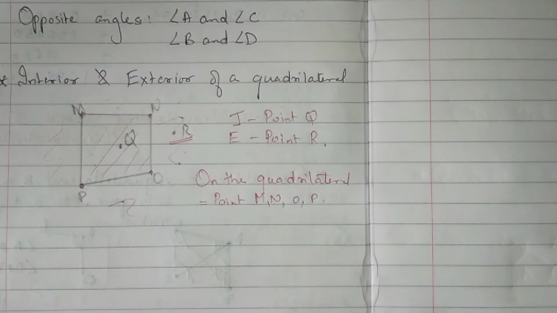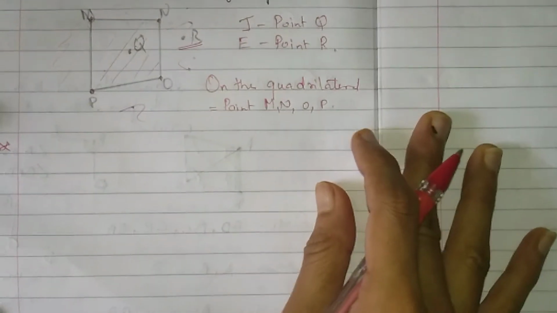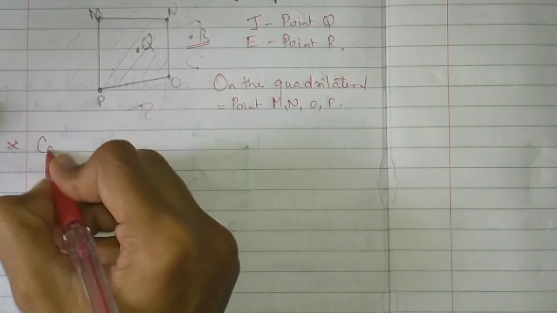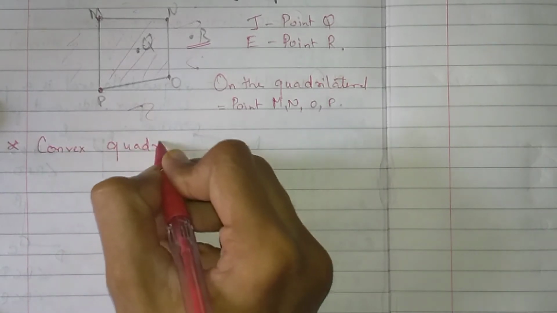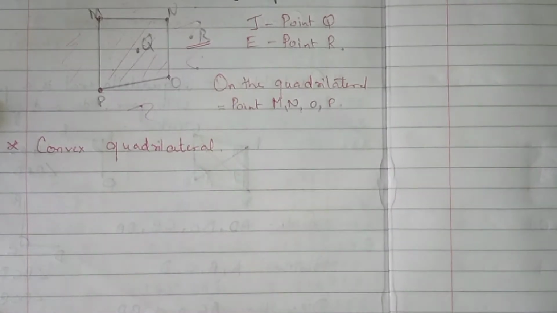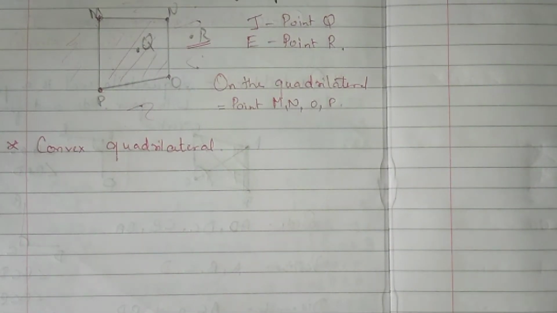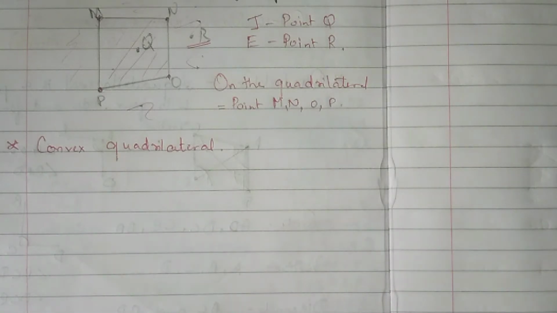Now your next topic is convex quadrilateral. A convex polygon means every angle is less than 180.